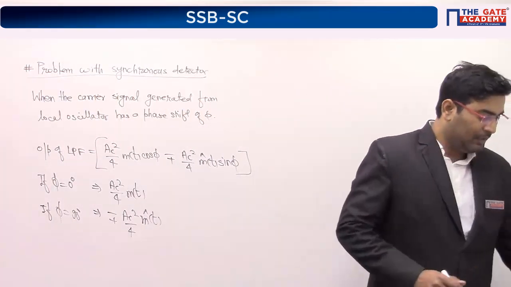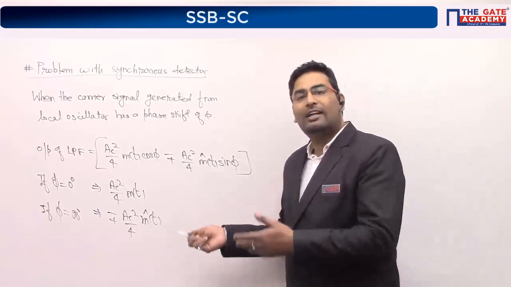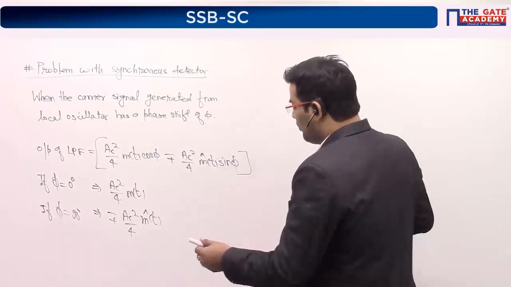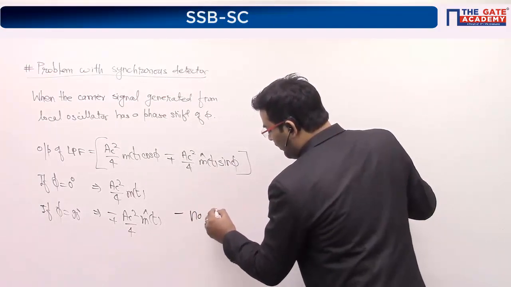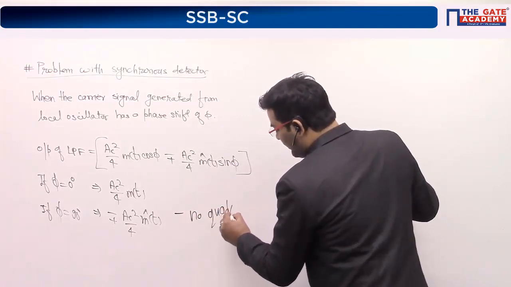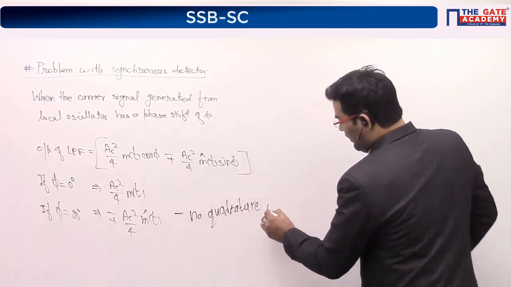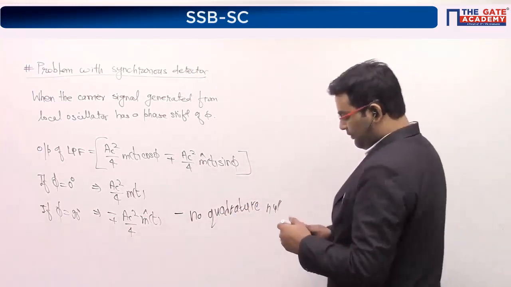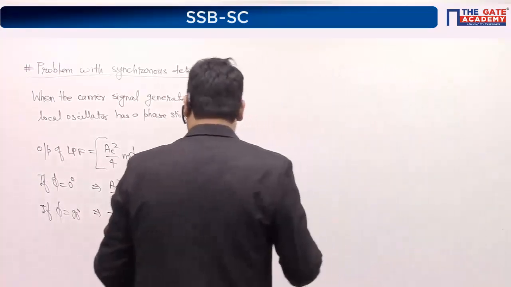Look at that. So guys, unlike DSB and AM, we don't have the quadrature null effect here, because at all times we have the output. No quadrature null effect in this.